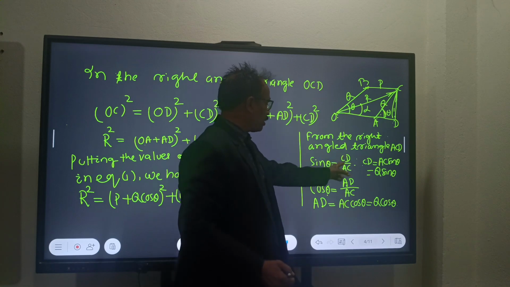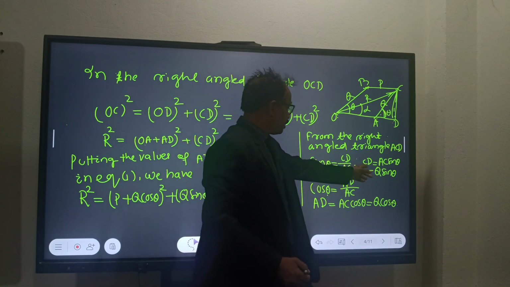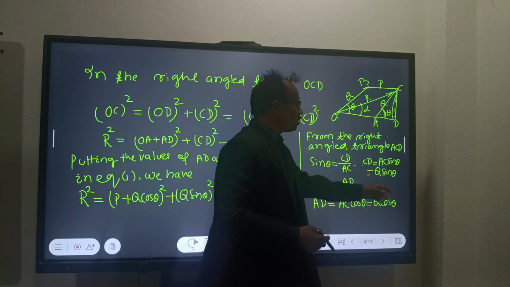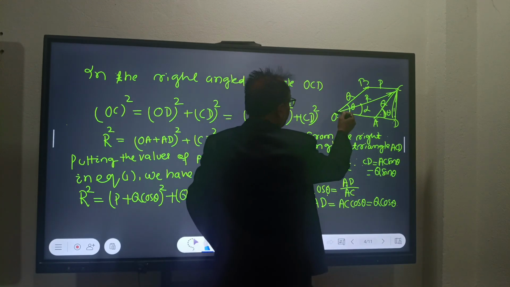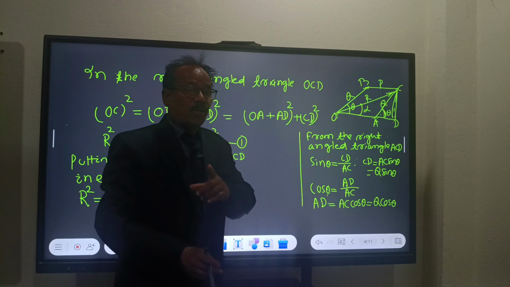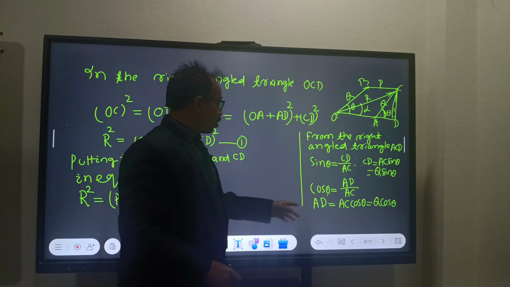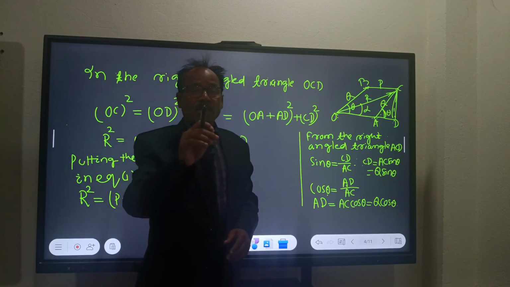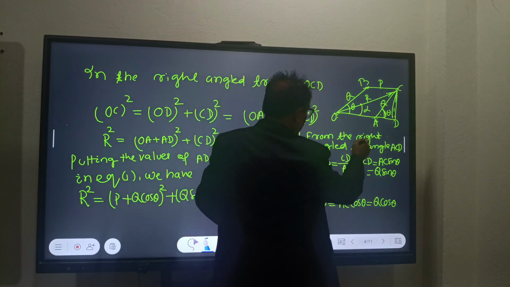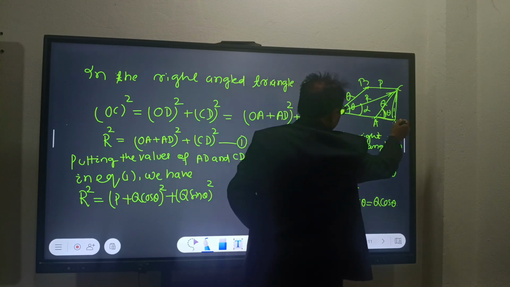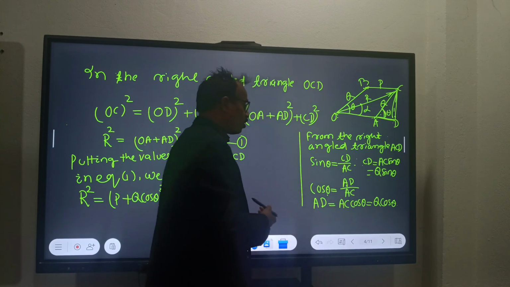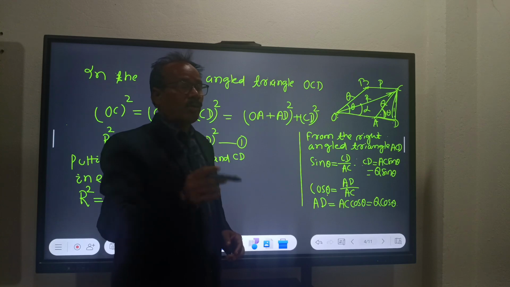Therefore, sin theta is equal to CD by AC, or CD is equal to AC sin theta, which is equal to Q sin theta, because OB is parallel to AC. And cos theta is equal to B by H. Therefore, cos theta is equal to AD by AC, or AD is equal to AC cos theta, which is equal to Q cos theta.